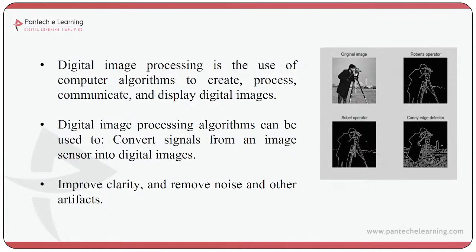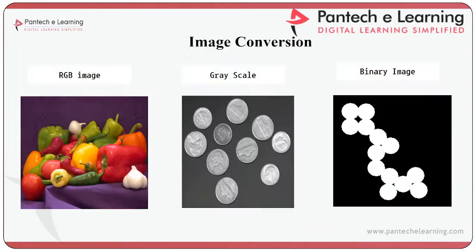Digital image processing uses computer algorithms to create, process and communicate digital images. As I told you, this is the Canny edge detector. According to the edge detector, it will detect and remove the noise and improve the quality of the image.